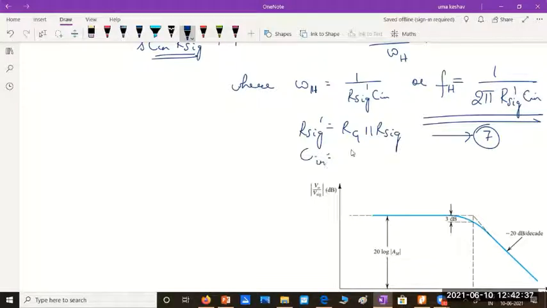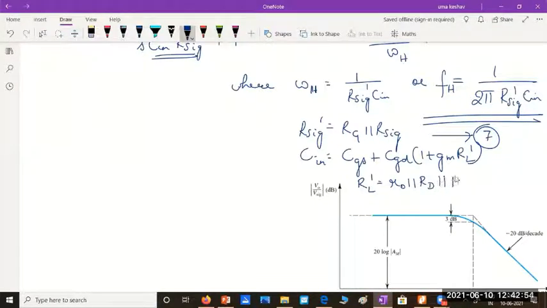And C in is CGS plus CGD into 1 plus GM RL dash. And what is RL dash? All this you have to be able to remember. R0 in parallel with RD in parallel with RL.